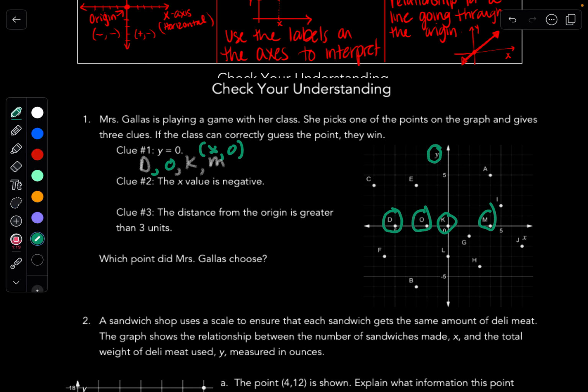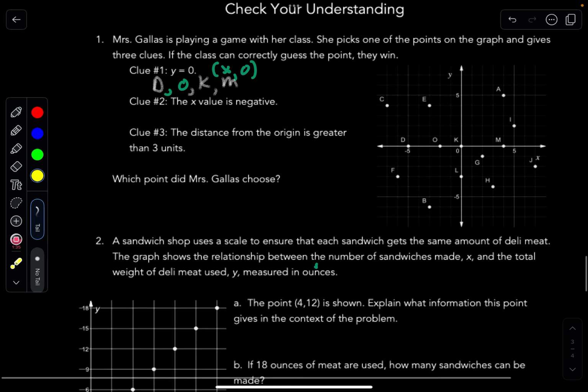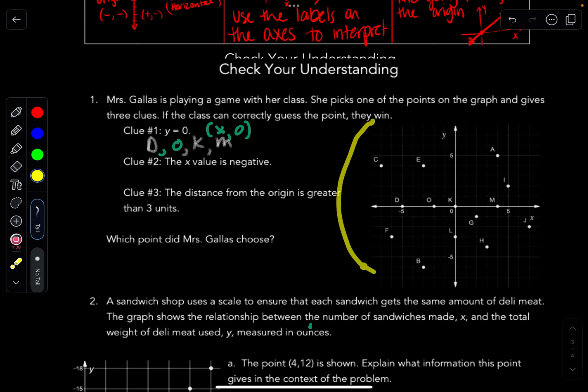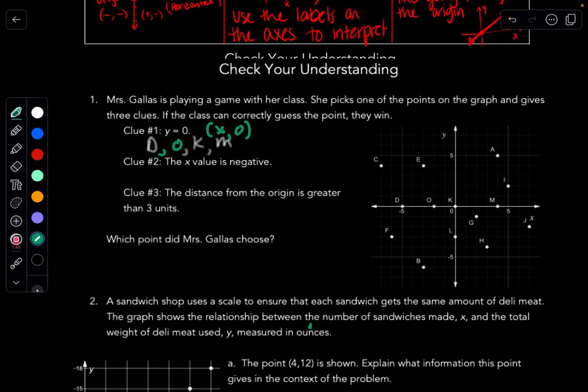All right. The x value is negative. Let's think about that. If x is negative, it's to the left of the origin. So the negative x is all in this region here. Well, let's just go with OD.